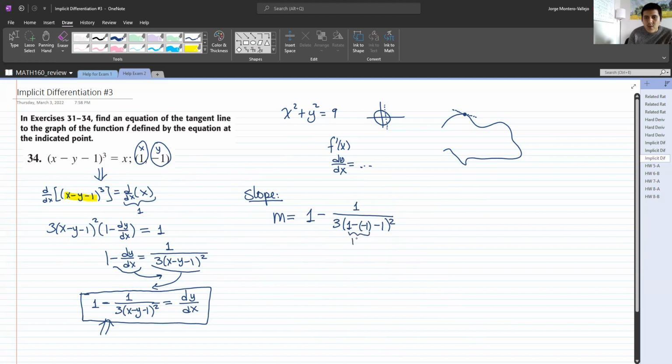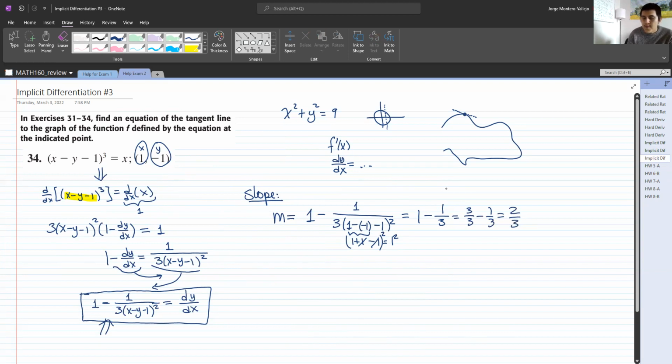Here, what do I get? I get 1 plus 1 and then -1. This is 1, right? Okay, so I get then 1 minus 1 over 3, because this one was still squared, but 1 squared is just 1. And then 1 times 3, that's just 3. 1 minus 1/3, that's just 3/3 minus 1/3, that is 2/3, right?